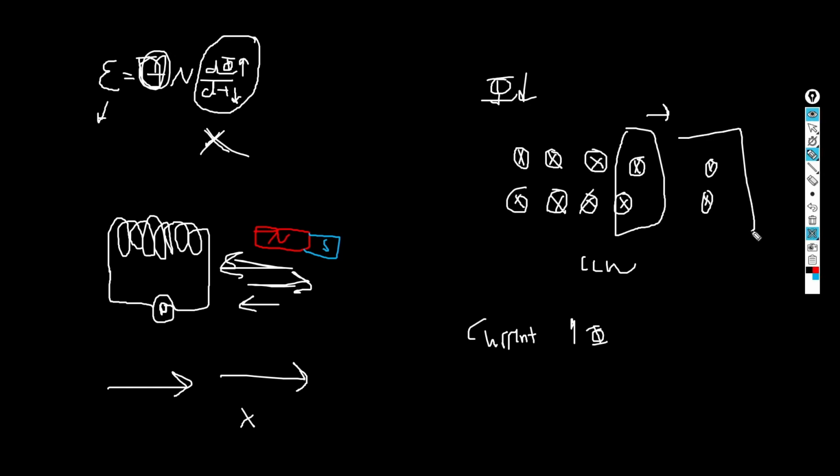Guys, don't get confused with the right hand rule. Fingers are going into the plane, so curl your fingers away from you. Here it's going down, here it's going like this, and here it's going like this. Okay, don't get confused with the right hand rule.